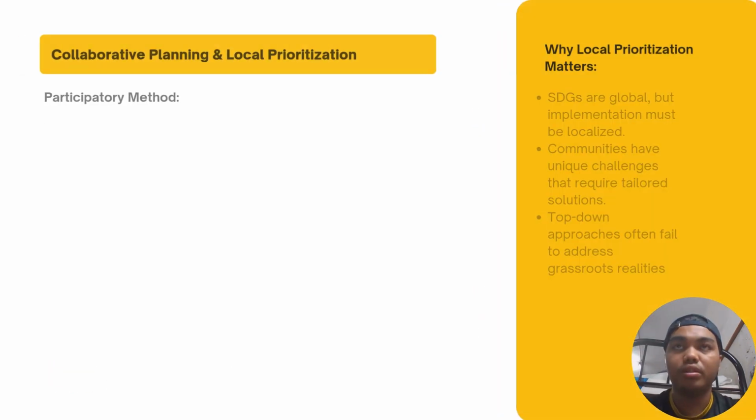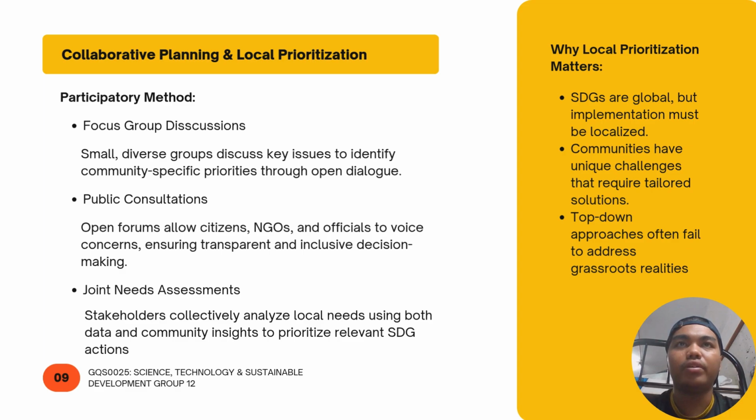Okay, so for collaborative planning and local prioritization, first we go to why local prioritization matters. First, SDGs are global, but implementation must be localized. Second, communities have unique challenges that require tailored solutions. Third, top-down approaches often fail to address grassroots realities.